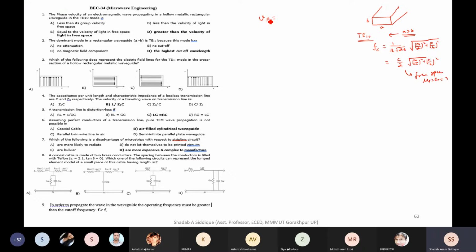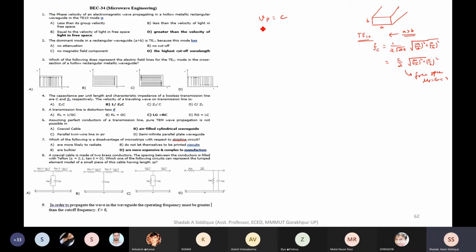Now moving to the phase velocity. If we simply state phase velocity in free space, that would be c.